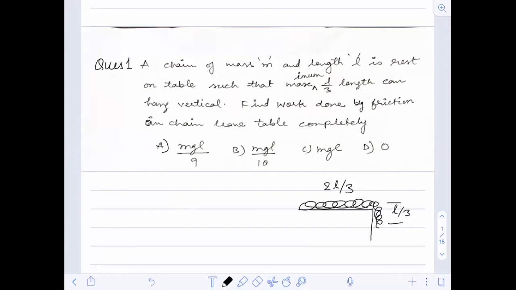So try to calculate this. This is a good question. It's a standard question you would have seen so many times. In every book you will find a question like that.